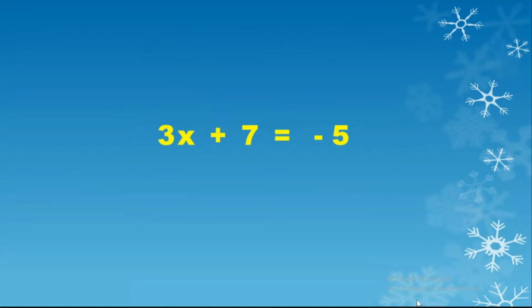This form is called a linear equation in one variable. This time, since we are discussing linear inequalities in one variable, from this expression we now have to change the equal sign using any inequality symbol, and that gives us a linear inequality in one variable.